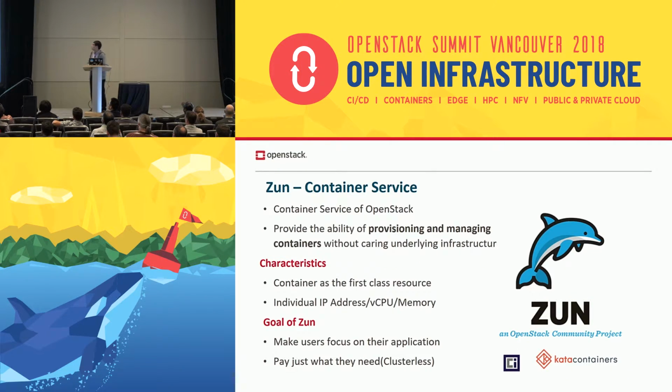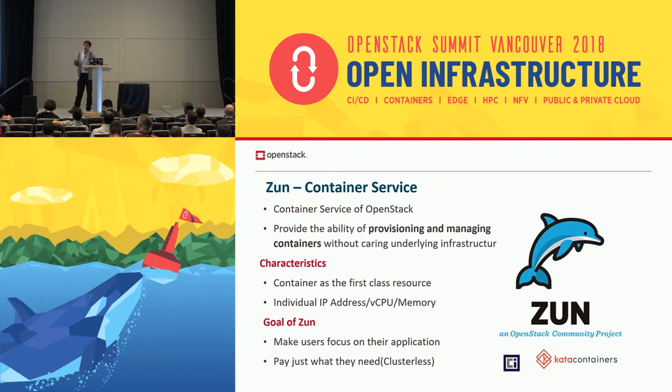Continue. What is Zun? Zun has a mascot of the dolphin. It is a container service of OpenStack, and it provides the ability to provision and manage containers. Users don't need to care about the underlying infrastructure. It treats containers as first-level resources, just the same as virtual machines.